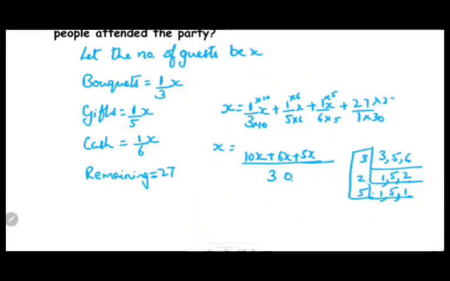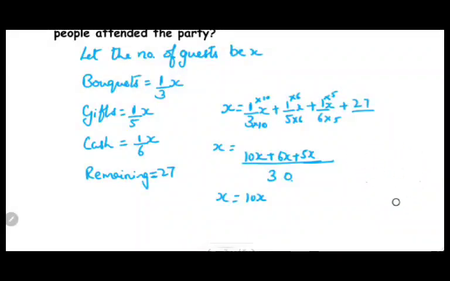So 27 into 30. How much is 27 into 30? Doing it on the calculator, children, just to speed it up. Or rather, why do that? Okay, I'm not going to do that. Why increase the number count? So I'm going to leave it like that.